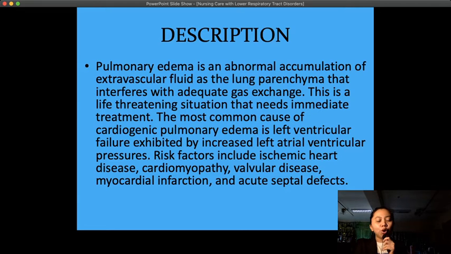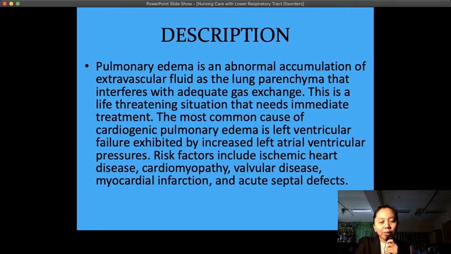The most common cause of cardiogenic pulmonary edema is left ventricular failure exhibited by increased left atrial and ventricular pressures. Risk factors include ischemic heart disease, cardiomyopathy, valvular disease, myocardial infarction, and acute septal defects. Okay, so you should know what is ischemia.